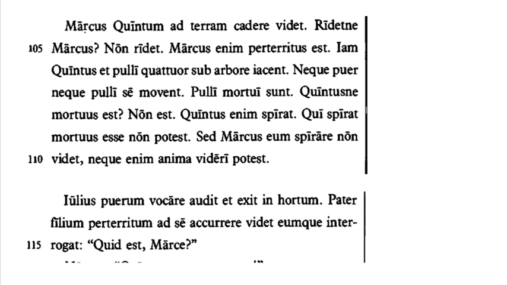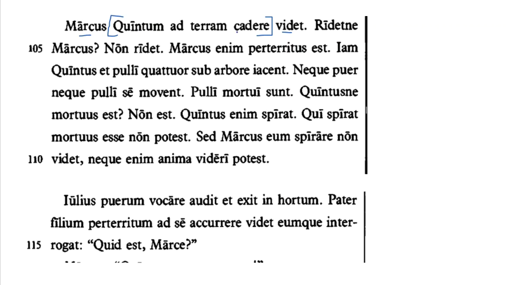So notice right here it says, Marcus quintum ad terram cadere videt. Notice your main sentence is Marcus videt, right? Marcus sees. Then effectively, the entire thing which he sees is the direct object of videt, right? And as such, the subject of the clause which is formed by his perception is going to be in the accusative case.